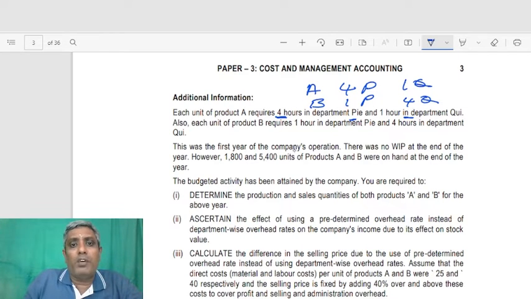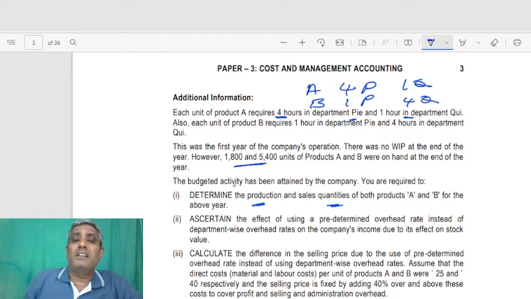Now, in the first year of operation, there was no WIP at the end of the year. However, closing units: 1,800 and 5,400 units of product A and product B were on hand at the end of the year. Now, the budgeted activity has been attained by the company. You are required to calculate the production and sales quantities of both products A and B. For that, we have one detail, which is the closing stock details.